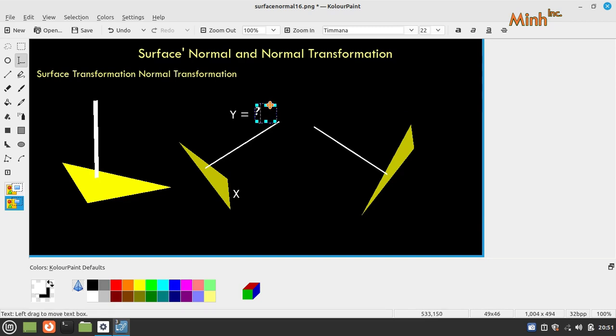If X is the transformation on the surface, then what is the transformation on the normal? That is the question, and we'll see the calculation.